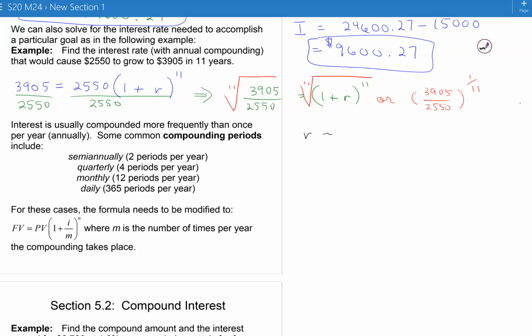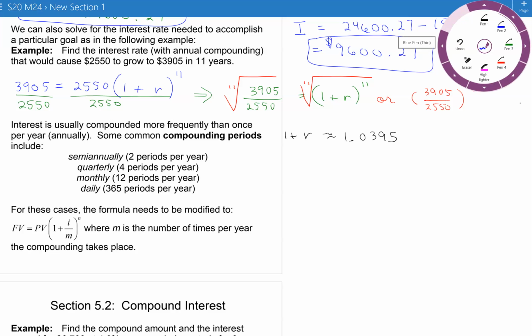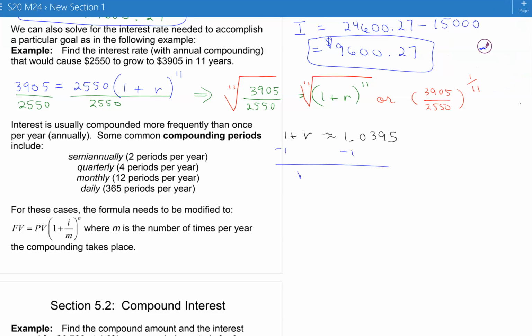So that's going to give me, sorry, the 1 plus R is going to be about 1.0395. So then subtract 1 from both sides and get R is about 0.0395. And then we have to convert that to a percent. So we'd get 3.95%. You'd need to have at least that rate for your $25.50 to grow to $39.05 in 11 years.